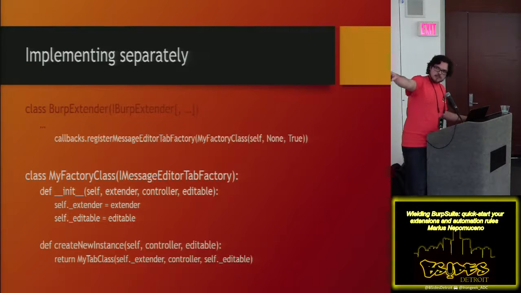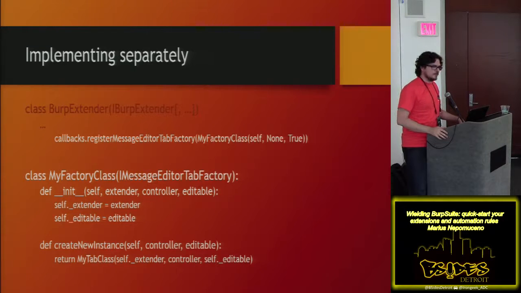And just like we were creating a new instance of a tab previously within our BurpExtender class, now because we are putting it in its own factory class, we still need to create a new instance, but the function, the define createNewInstance, will be this time inside the factory class itself. And I'm just returning a new tab.